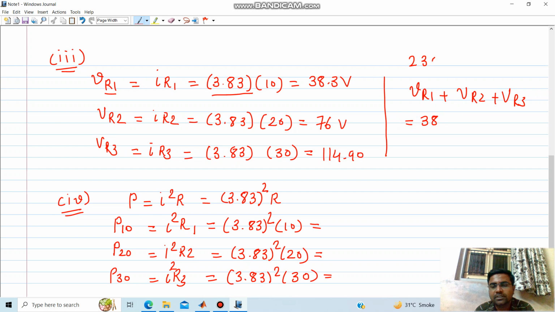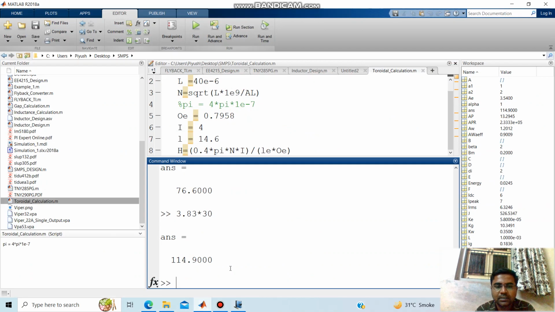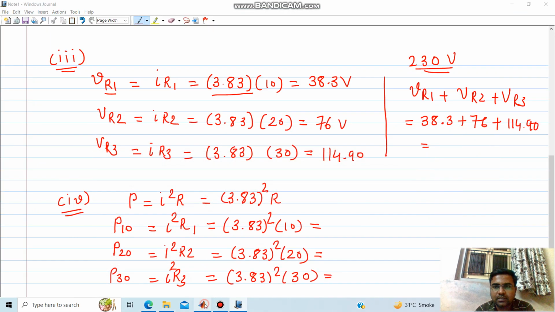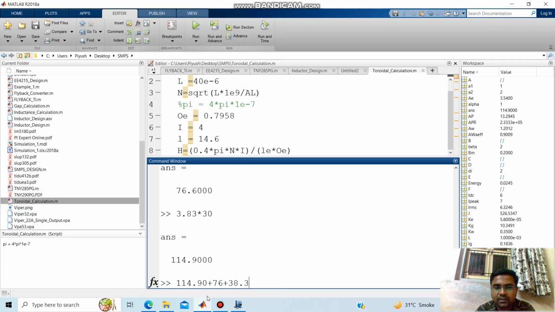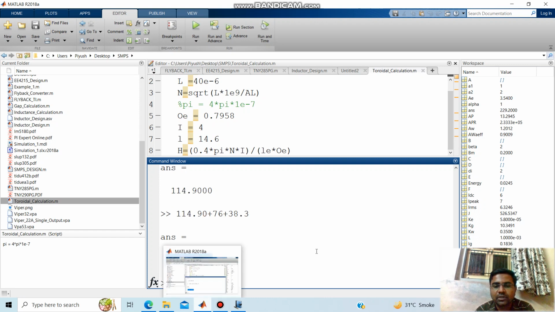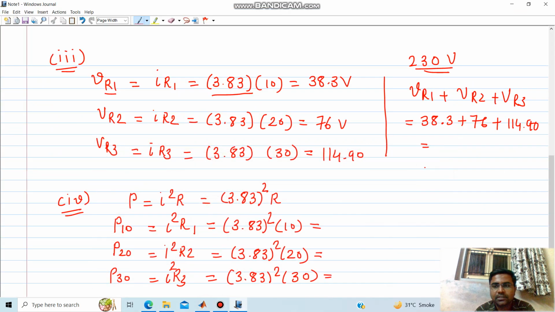We know that our supply voltage is 230 volt, so that is what is expected. If you sum up, 114.90 plus 76 plus 38.3, that is 229, very close to 230, right? That would be the correct answer.